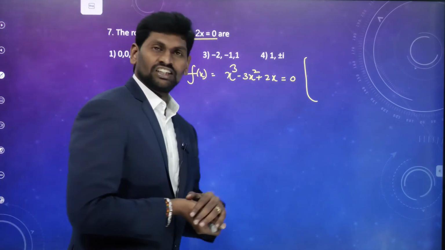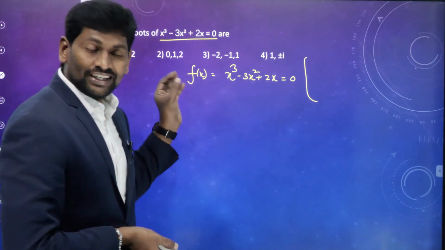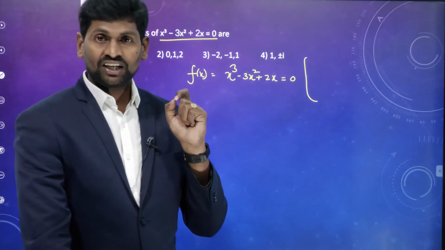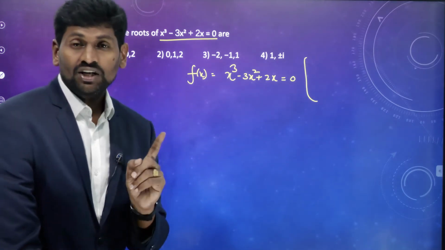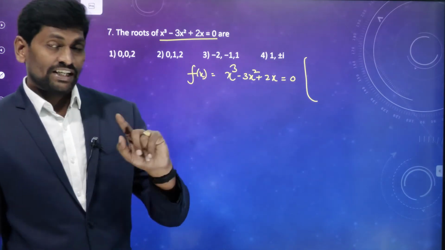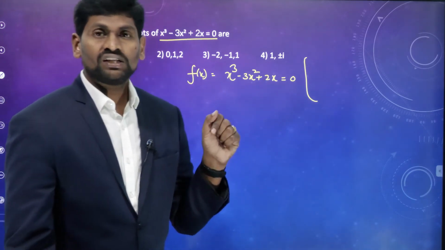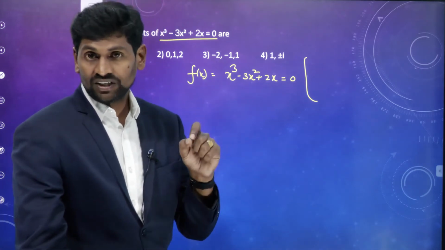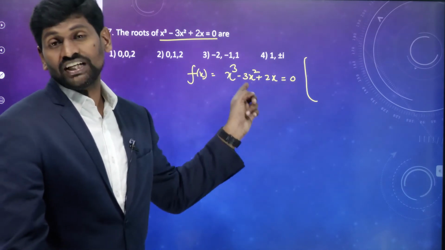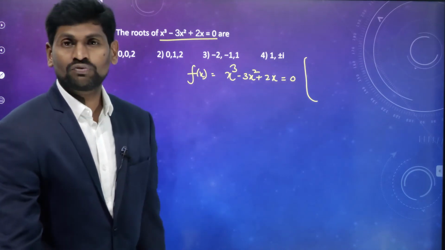But here there is no constant term, so we can apply statements like: if the sum of all coefficients is 0, then 1 will be the root or solution of the given polynomial. And the second statement: if the sum of coefficients of even powers and constant equals the sum of coefficients of odd powers, then x plus 1 will be a factor and minus 1 will be the root.